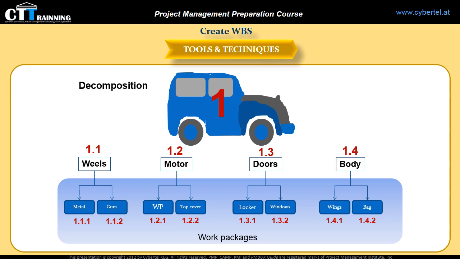The level of decomposition depends on the degree of control needed to effectively manage the project. But how detailed the work packages are depends on the size and complexity of the project.